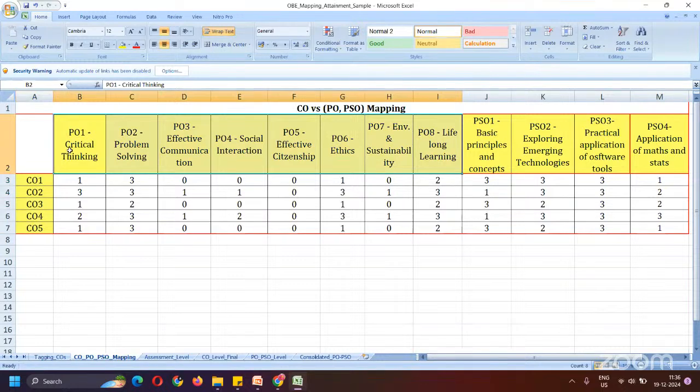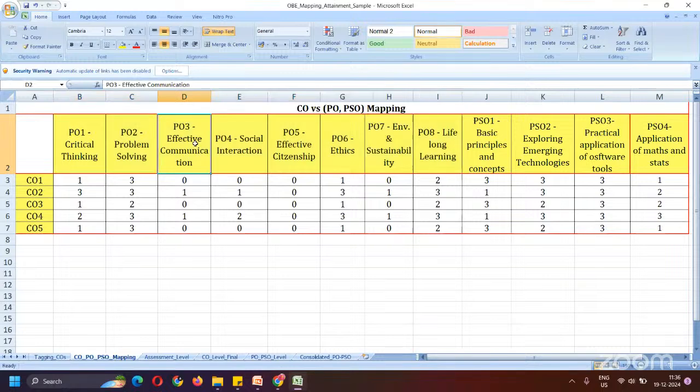These program outcomes are defined at the institutional level. For a UG program it may be different, or for PG it may be different program outcomes. This is up to the institution. Both the UG and the PG programs can have the same program outcomes. It is all domain independent, like critical thinking, problem solving. These skills are not related to any domains.